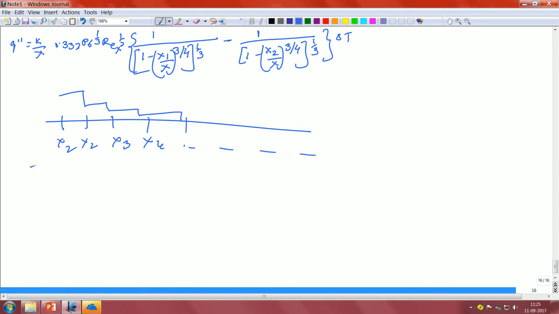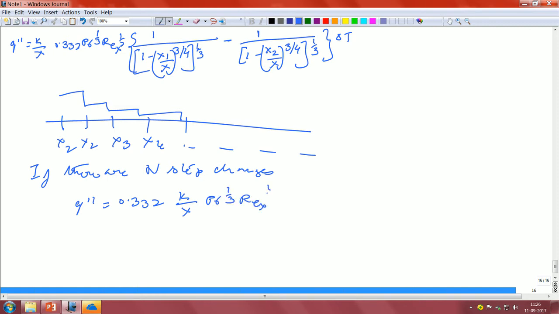So if there are n step changes, it becomes a summation, i equal to 1 to n, delta Ti times 1 minus (xi by x) to the power of 3/4, to the power of 1/3. These are the step changes.